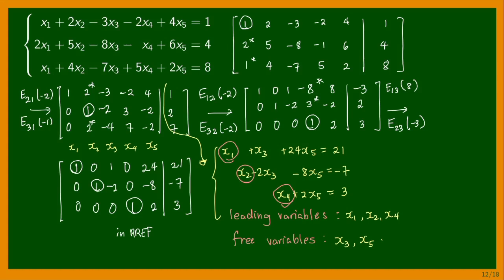Because we can always assign any number to x sub 3 and x sub 5, and once we have chosen arbitrary numbers for x sub 3 and x sub 5, we get a unique value for x sub 1, x sub 2, and x sub 4. Meaning to say, this implies that the linear system has infinitely many solutions because it has free variables.